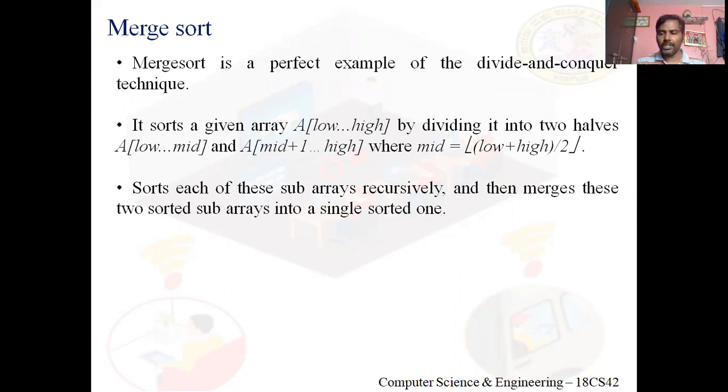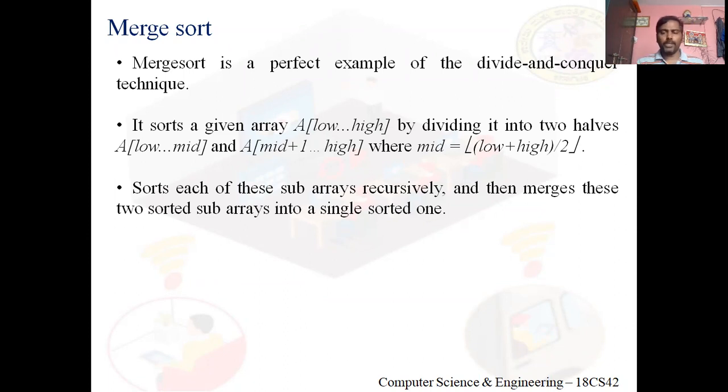Initially the lower index will be 0, and the higher index, since the 8th element is at index 7, is 7. So the lower index of an array with 8 elements is 0 and the higher index is 7.